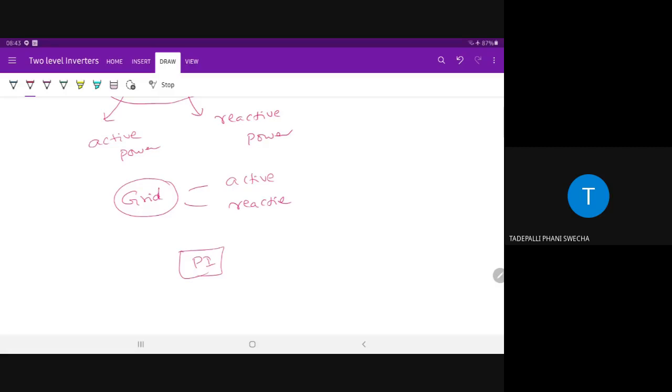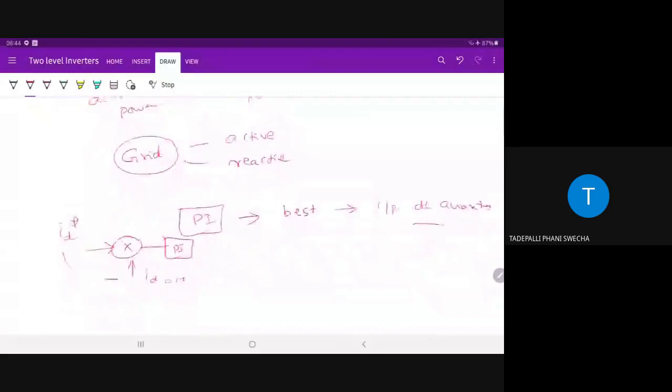A PI controller works best when its input is DC quantities. So if you have a PI controller, this is the ID reference value and this is the ID actual value. If these two are DC quantities, the tuning of this PI is easy and it will work well.